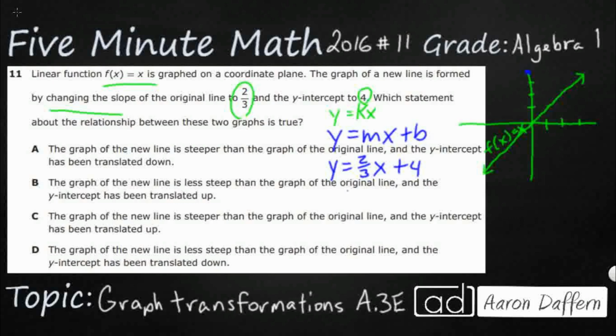So what does that mean? That slope of 2/3 means, remember, it's the rise over the run, or the change in y over the change in x. They're both positive, so that means I'm going to go up 2. So we're having to extend this graph here. So let's say I go up 2 right there, but then I go over 3: 1, 2, 3.